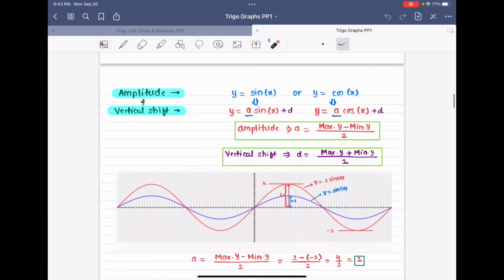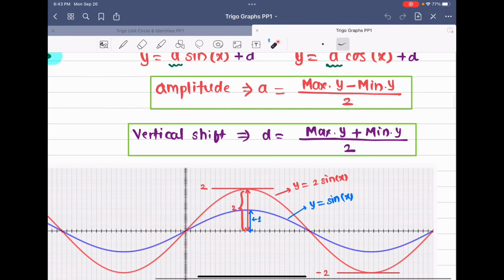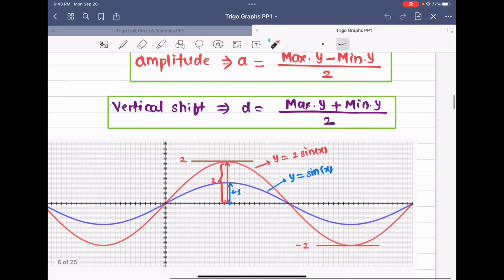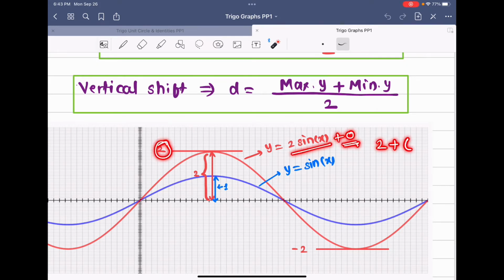If I want to use a graph and show the d calculation, it is almost the same: max y, min y, but the middle sign is positive. So max y plus min y divided by 2. Now here you can see sine x, there is no vertical shift, so 0. So here also 2 sine x, there is no vertical shift, it is 0. Why? Because max y is 2 plus min y is -2, divided by 2.